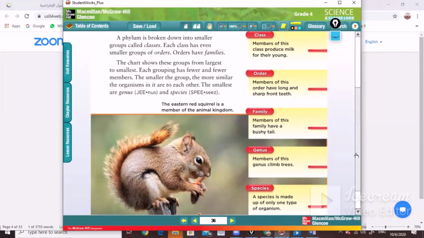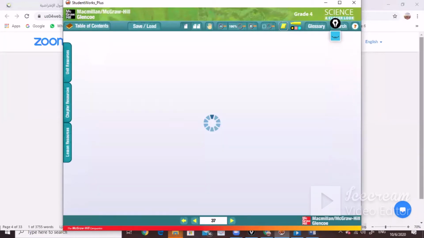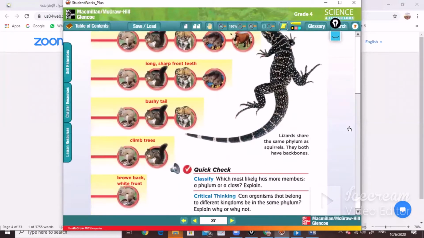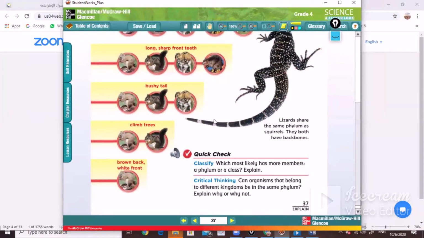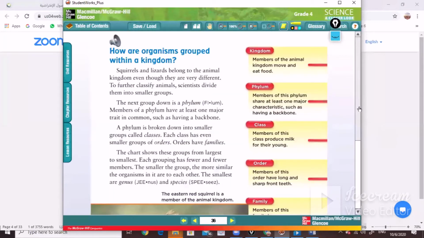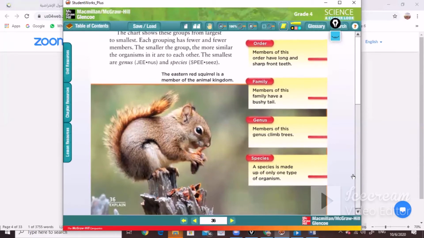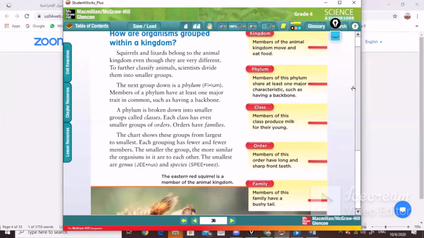As I told you before, when you move down, the organisms will be closer in the properties, and the levels will be smaller and smaller. We started from kingdom and ended with the genus and species.